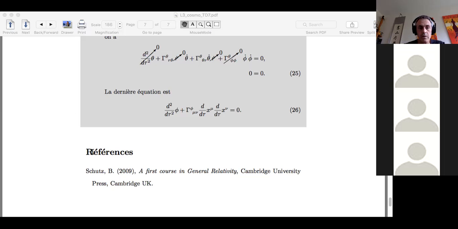Non zero. Peut-être you don't use the trait d'union comme en anglais.